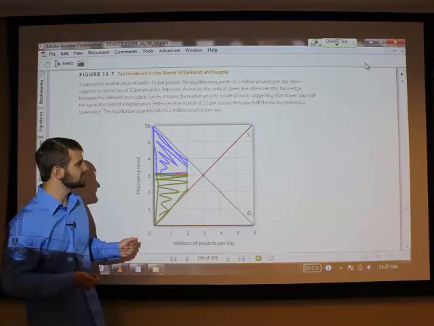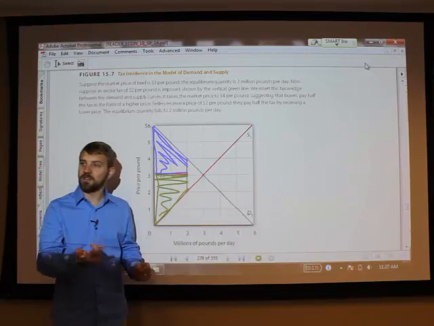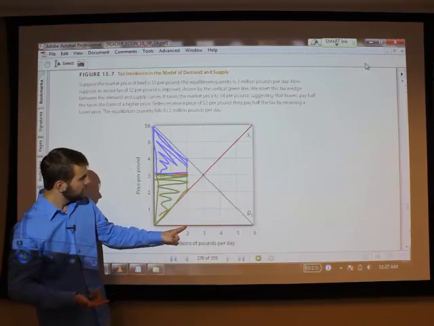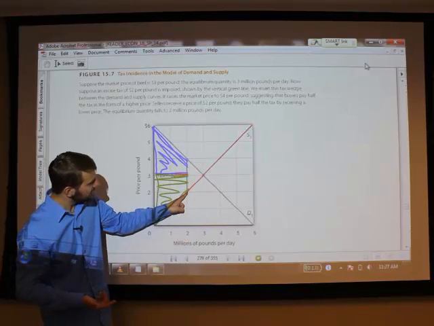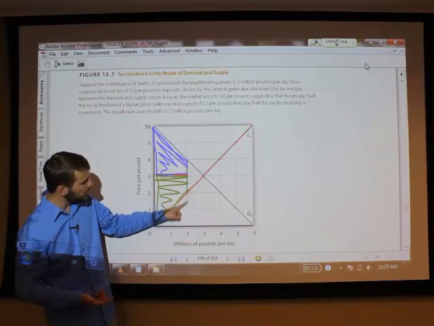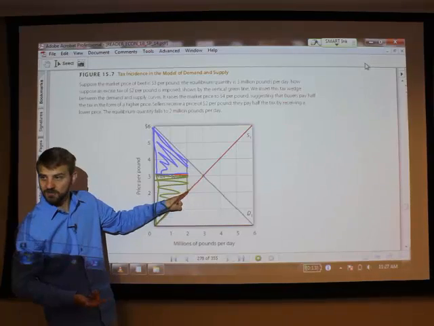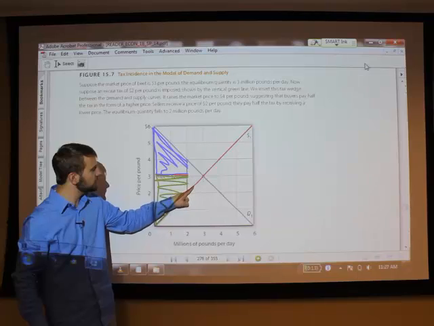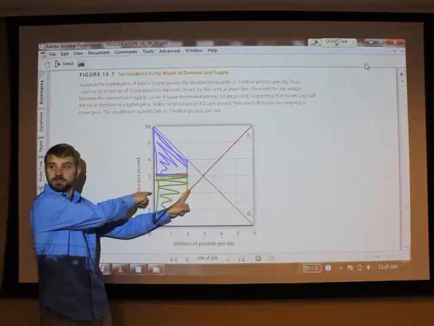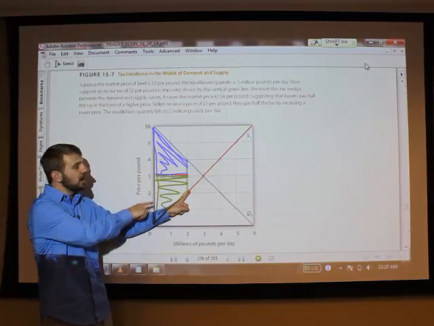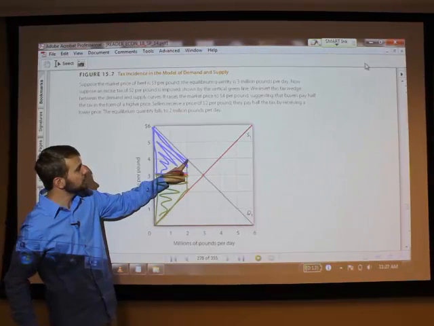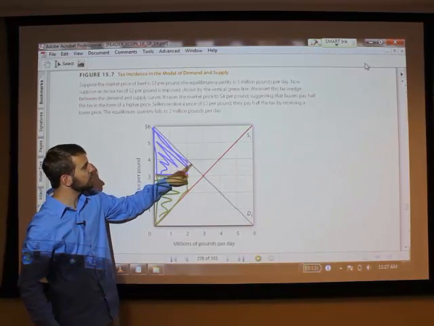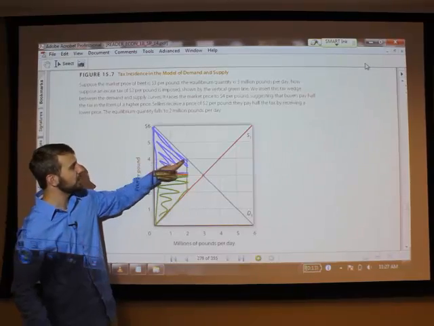And why is that the case? Well, here's the intuition for why that's a deadweight loss. The sellers here, who are currently producing 2 million pounds of beef, could produce more beef, and the marginal cost would be only between $2 and $3, right? And then there are consumers here who are willing to consume more beef, and they're willing to pay between $3 and $4.